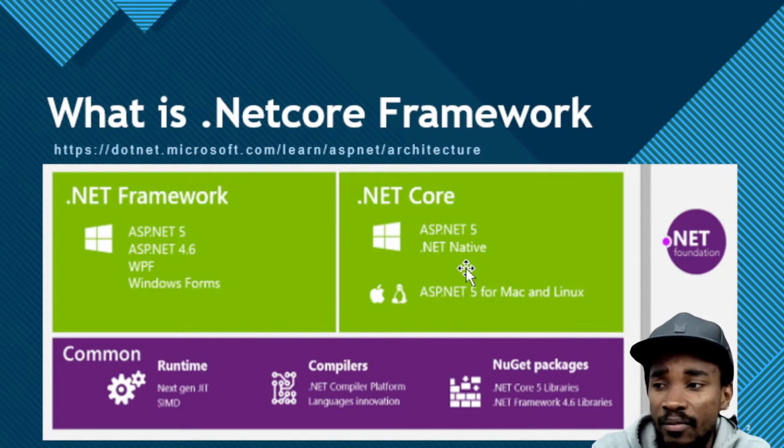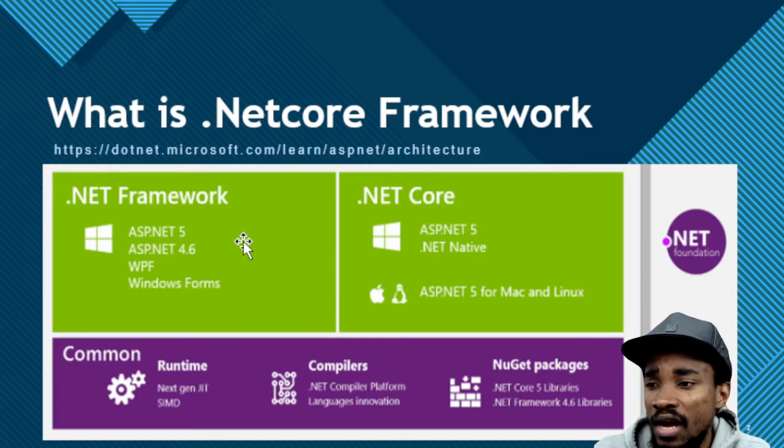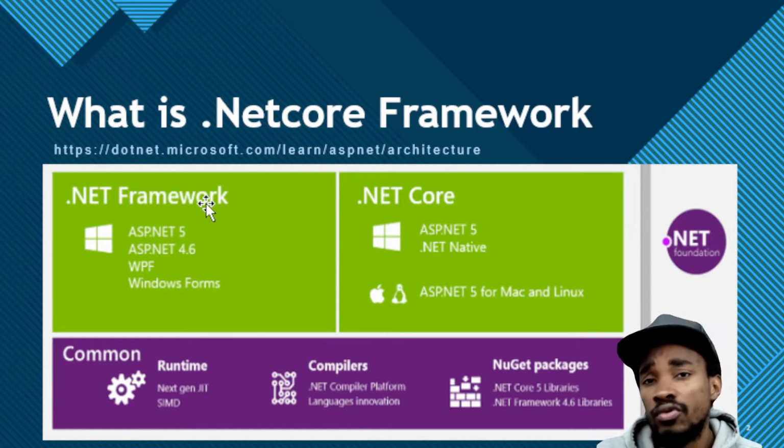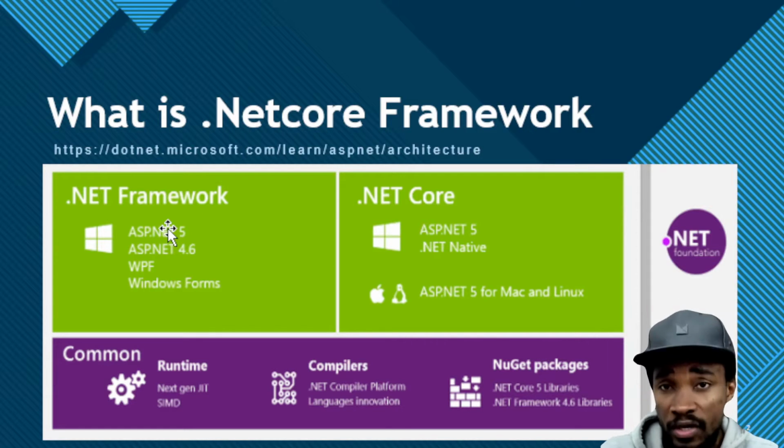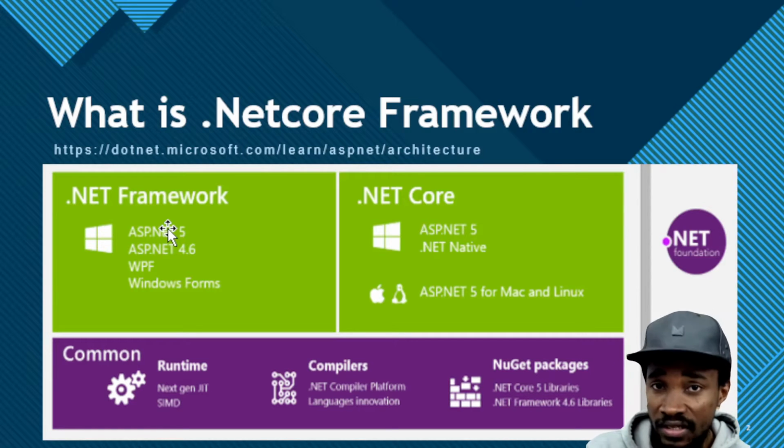And if you see the diagram right in front of me, you can see that we have two different frameworks. We have the .NET Framework, which is the older version, with .NET 4.6, WPF, Windows Forms, and these are specific to software that you want to develop on a Windows machine or operating system.